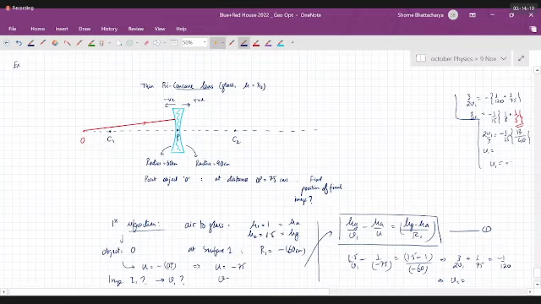So 3 by 2 v1 is equal to minus 13 by 40 into 1 by 15.